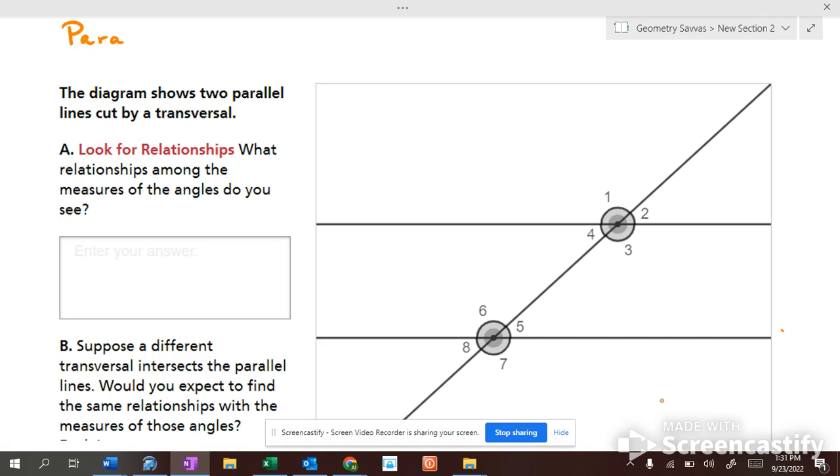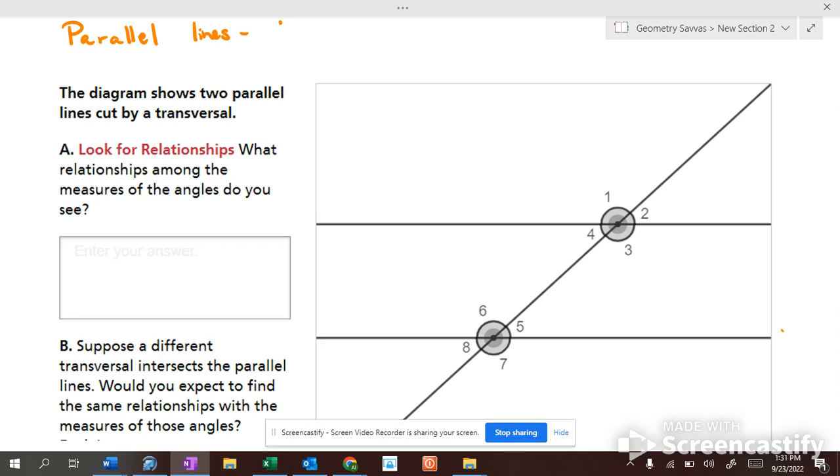So I want you to write down some of this stuff. I'm not giving you a vocab sheet this chapter, so I do want you to write down some definitions so that if you forget over the weekend what a certain word is, you can look at it.